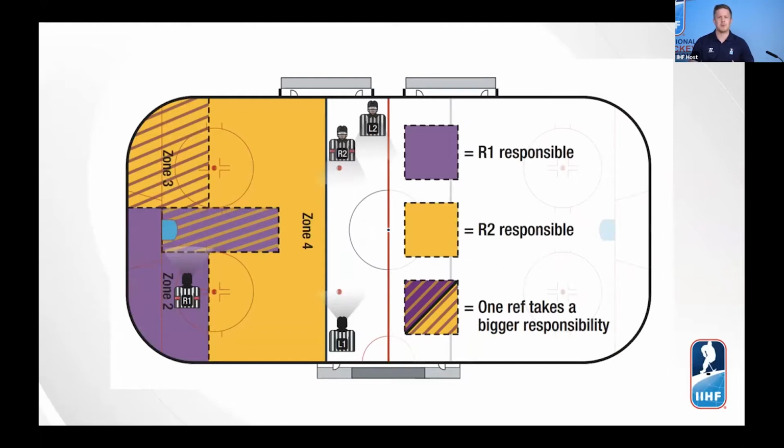And to have a shared responsibility, we have to give one referee a little bit more responsibility in that area. It doesn't mean in any of these responsibilities that R1 or R2 can never make a call, can never take a decision in a designated area just because we say that zone 4 is mainly R2's responsibility.